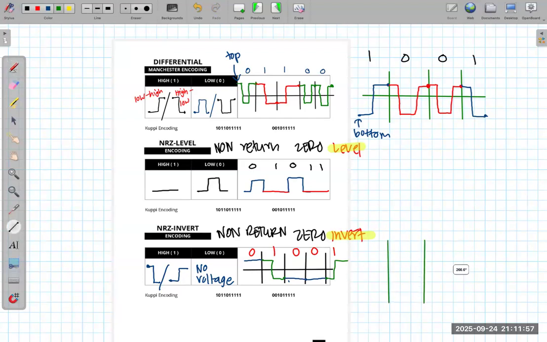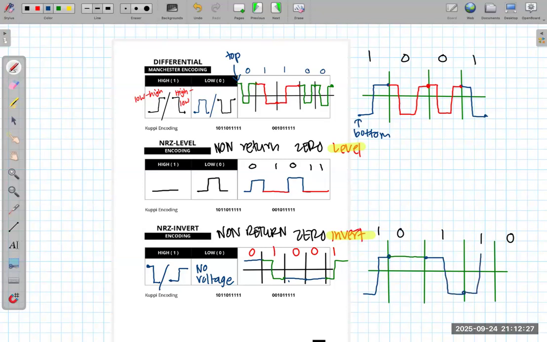Let's take another one. Awesome. 1, 0, 1, 1, 0. Okay, if it's a 1, it starts from bottom, low to high. If it's a 0, no voltage. If it's a 1, high to low.